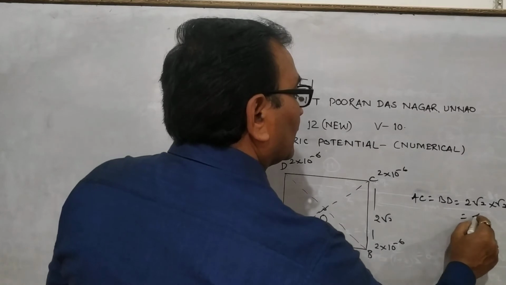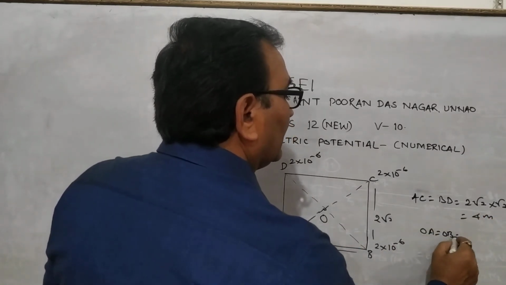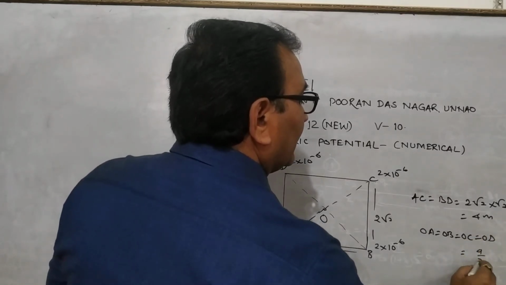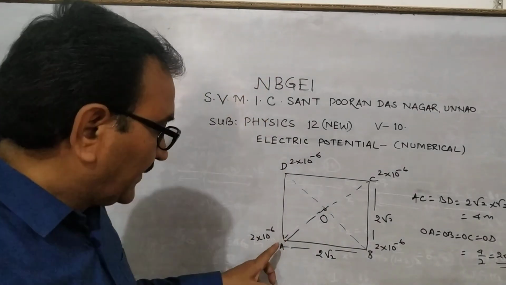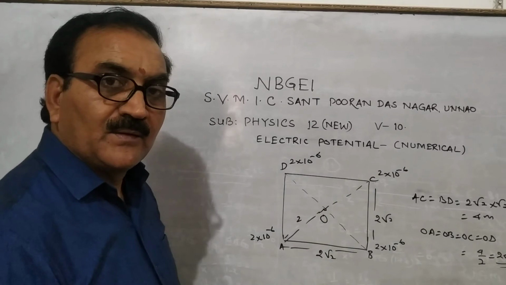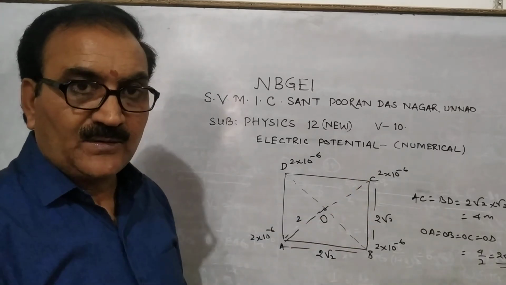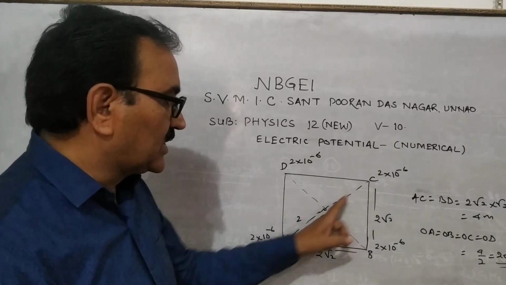This becomes 4 meter. Now OA, OB, OC and OD, that is 4 by 2, that is 2 meter. So each charge is at a distance of 2 meter from the center. मतलब हर चार्ज जो है सेंटर से 2 मीटर की डिस्टेंस पे.